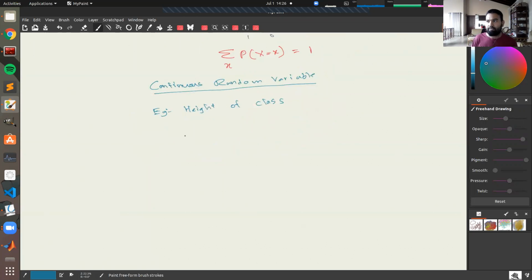So there'll be a continuous probability associated with our heights, right? So for example, we have to define what our random variable is going to be. So we say x is basically the random variable of some sort of event, picking someone with a particular height.